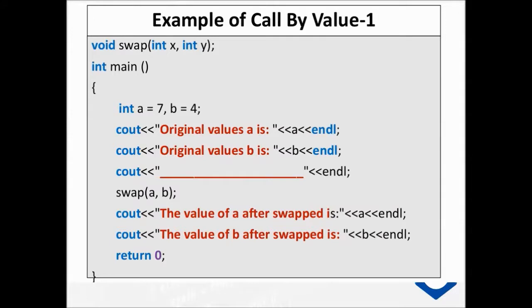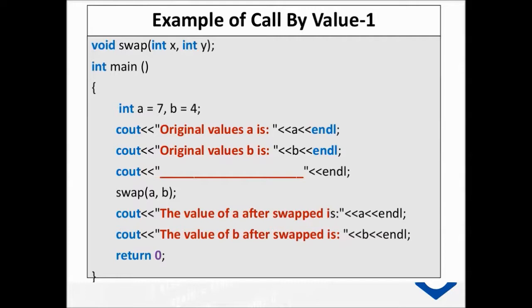In the coding, first of all, we declare a function named swap with void return value and with arguments int x and int y. Into the main program, first of all, we declare two variables a and b and assign a is equal to 7 and b is equal to 4. Then we print the original values of a and b on the screen.